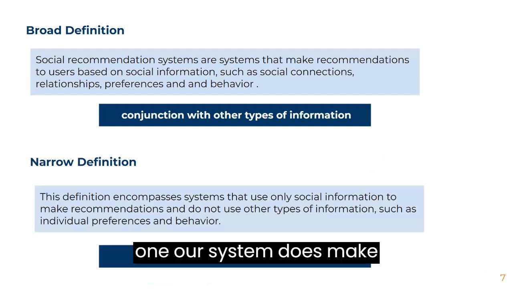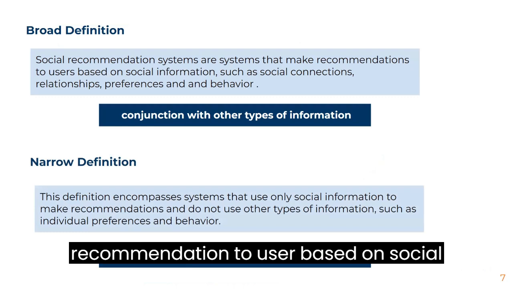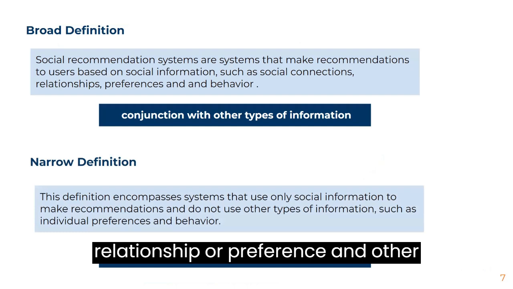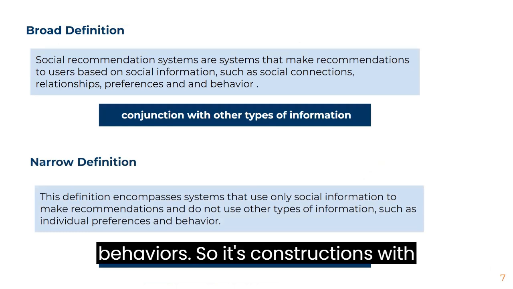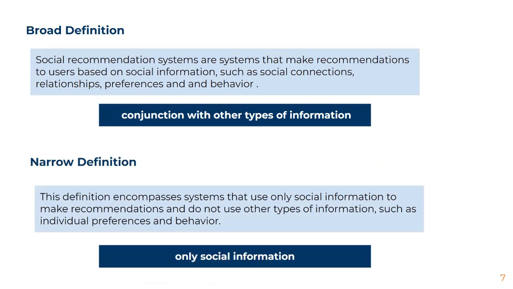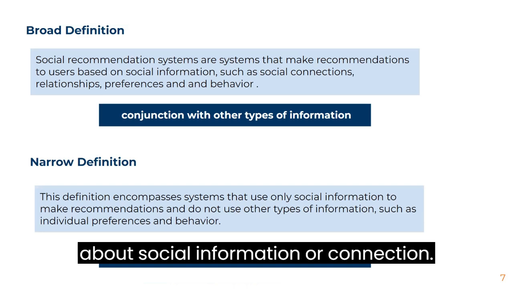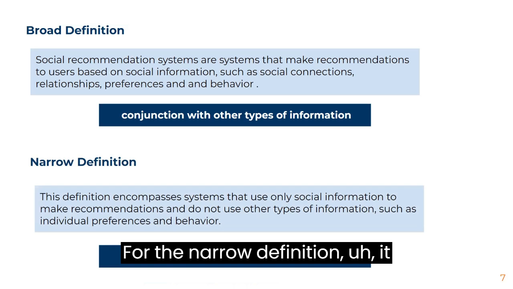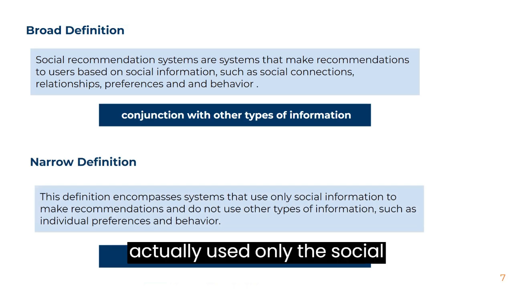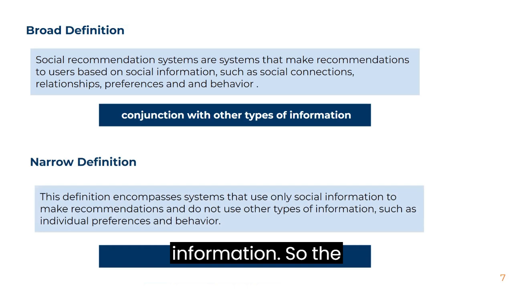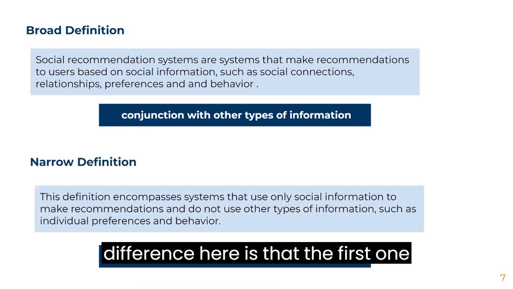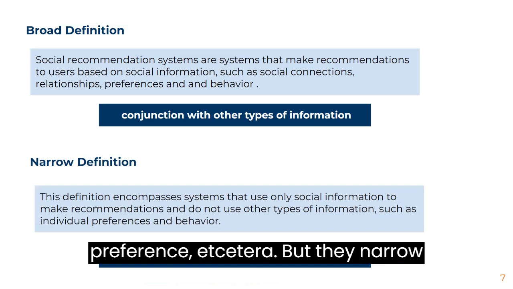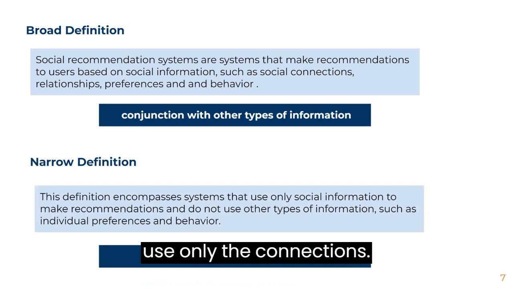The first is systems that make recommendations to users based on social information, such as connections, relationships, preferences, and other behaviors, in conjunction with other types of information. It's not only about social information or connections. The narrow definition uses only the social information. So the difference is that the first uses other information such as behaviors and preferences, but the narrow one uses only the connections.